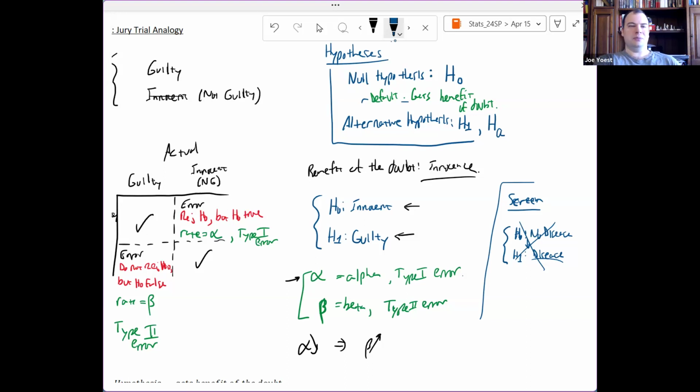It would be a much lower bar, because the cost of switching from the null to the alternative when we ought not have is much lower than the cost of digging in our heels and sticking with the null when we ought not have. So even though the setup and the structure is the same, the bar to switch from the null to the alternative is much lower.